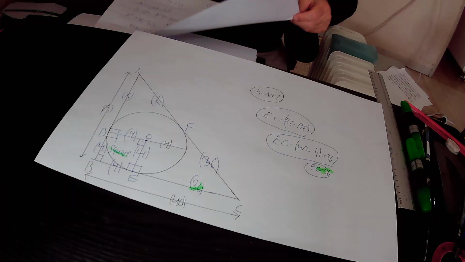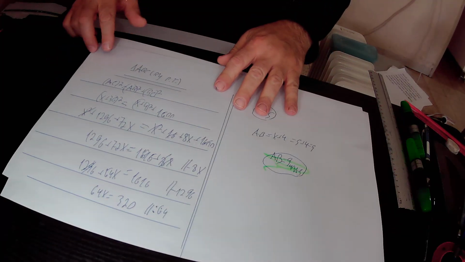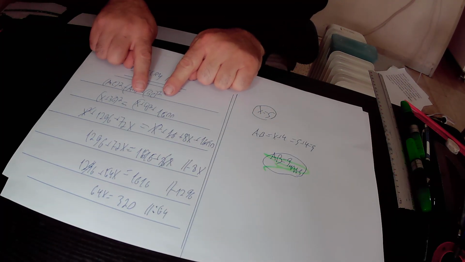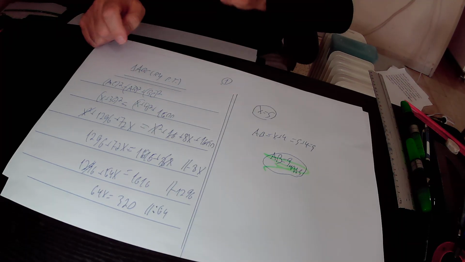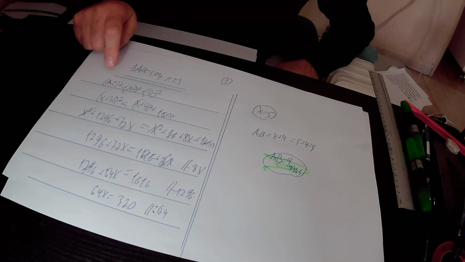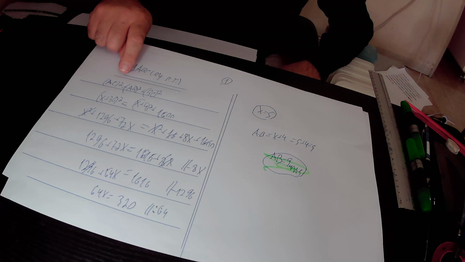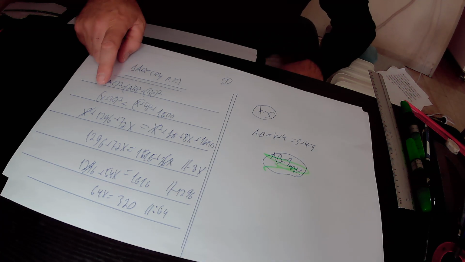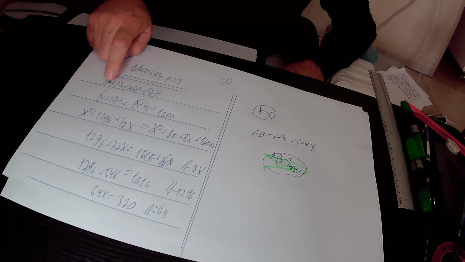So (X plus 36) square equals (X plus 4) square plus 1600. Here, open the brackets on both sides of the equation. We find that (X plus 36) square equals X square plus 36 square, that is 1296, plus 2 times X times 36, that is 72X.